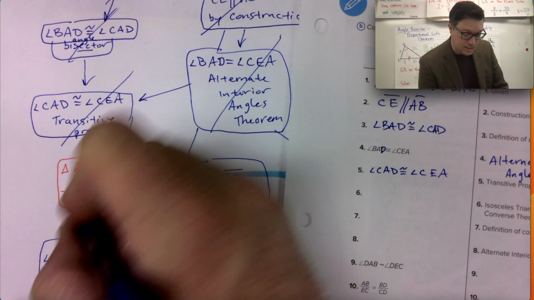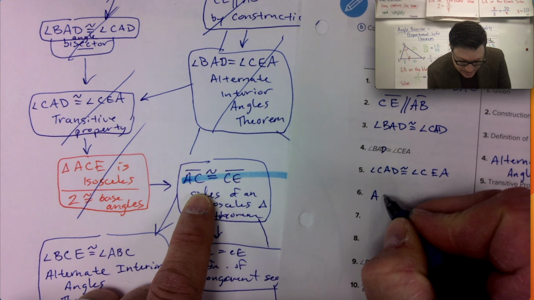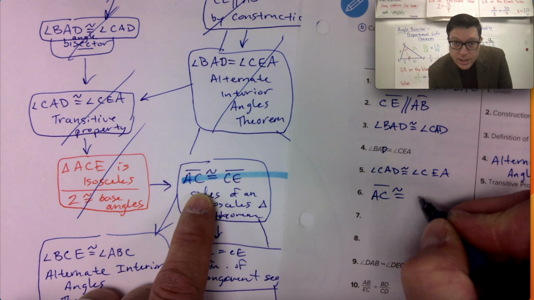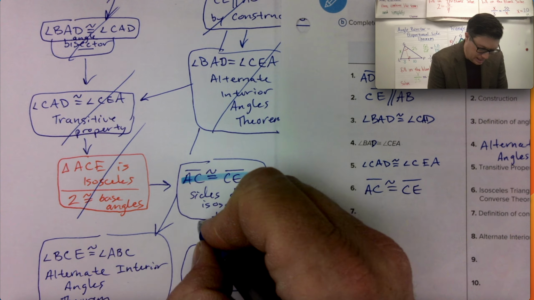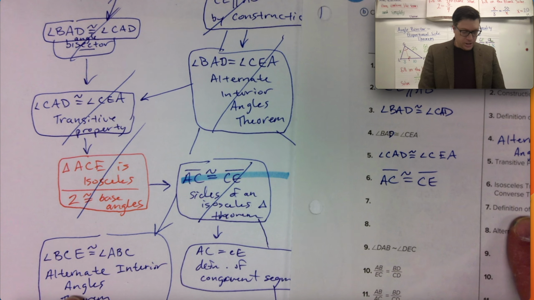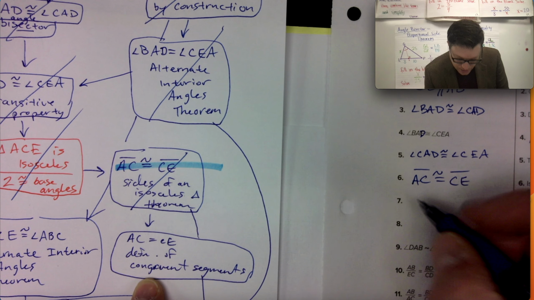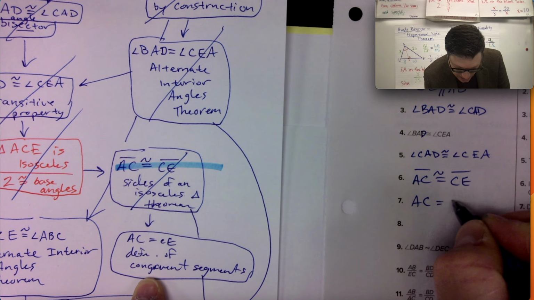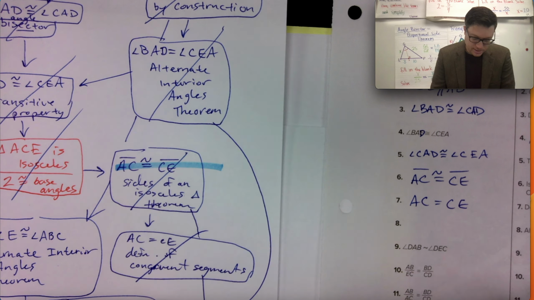The triangle is isosceles, but we know that, so we're going to use that to say that AC is congruent to CE. That one's done. Definition of congruent segments. That's this, follow it down to this box. So then AC is equal to CE by the definition of congruent segments.